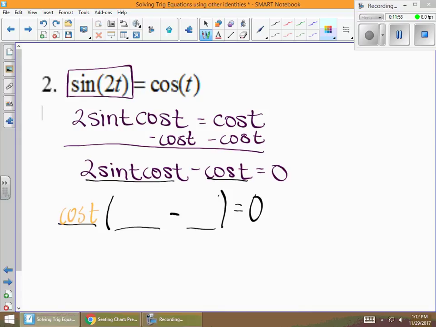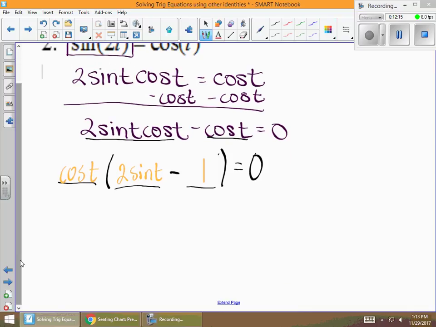So what's left in our first term is 2 sine of t. And in our second term, what's left is 1. And it's that 1 that I'm concerned about you missing. It's that 1 that I've seen students kind of leave behind. And now that you're factored, you could set each piece equal to 0 and solve.